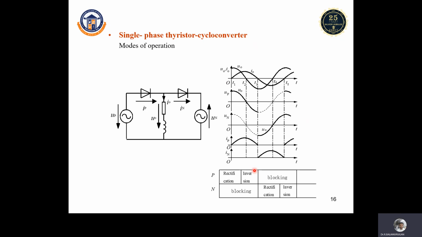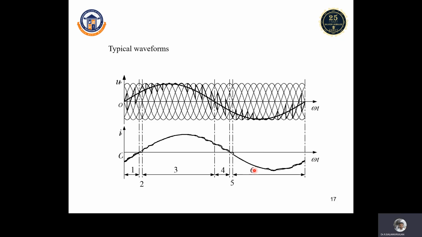You can see the single phase thyristor cycloconverter here. These are typical waveforms. If it is 3-phase to single phase, we can get the output like this, which follows this template.